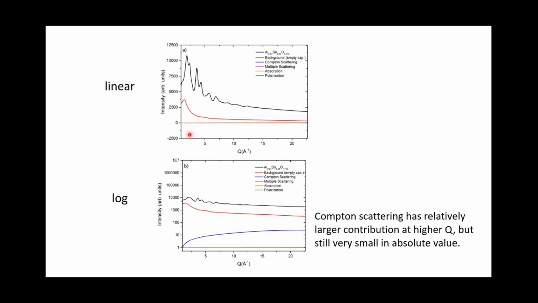So basically, you do not see anything, and the line looks like a straight line, but actually it's not straight. They're very minimal. So we can zoom in by plotting the y-axis in terms of the log. So you can see actually the Compton scattering is still contributing somewhat to the total intensity, right?